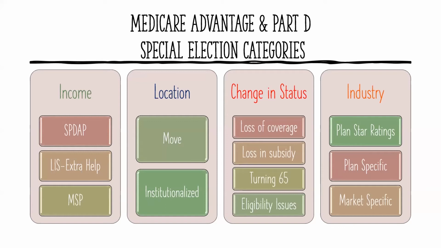Okay. Location. Has this person moved? That encompasses a lot of things. Have they moved? Have they left the country and come back in? Were they recently released from incarceration? That's a move. So again, has there been a change in their location? Institutionalized. Again, that's a move as well.